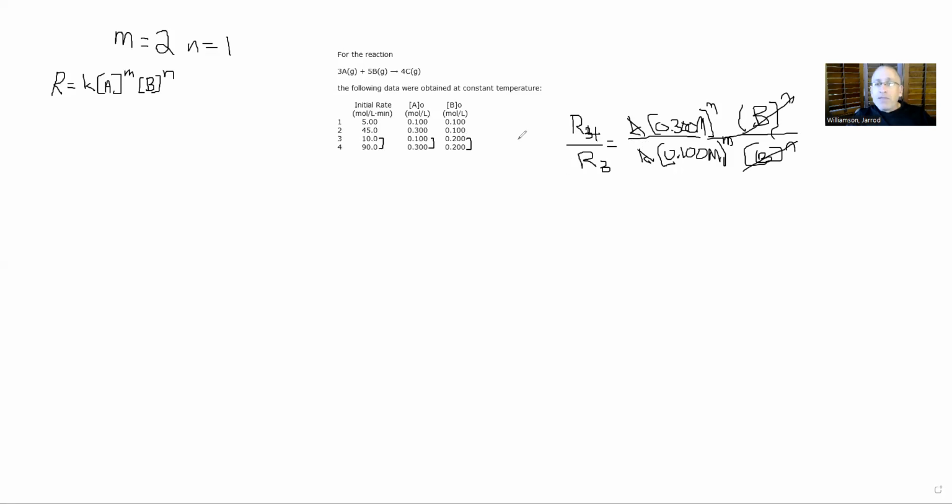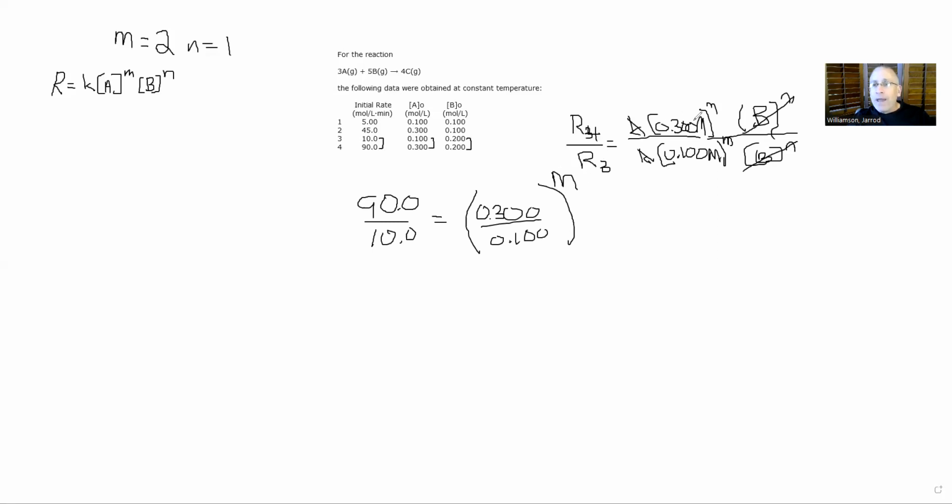But what I'm going to end up with when I do the math is 90.0. The units of moles per liter per minute will cancel out, and I will have 10. And again, the units here will cancel out with the units down here. That'll be equal to 0.3 over 0.1 to the lowercase m.